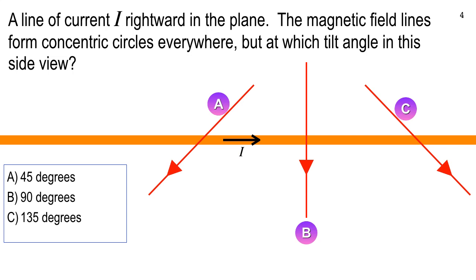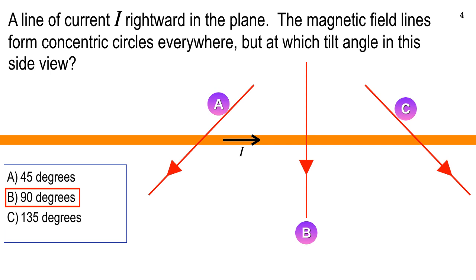Ten seconds to vote. 10, 9, 8, 7, 6, 5, 4, 3, 2, 1, 0. Okay, what's your count? Yeah, 90 degrees.